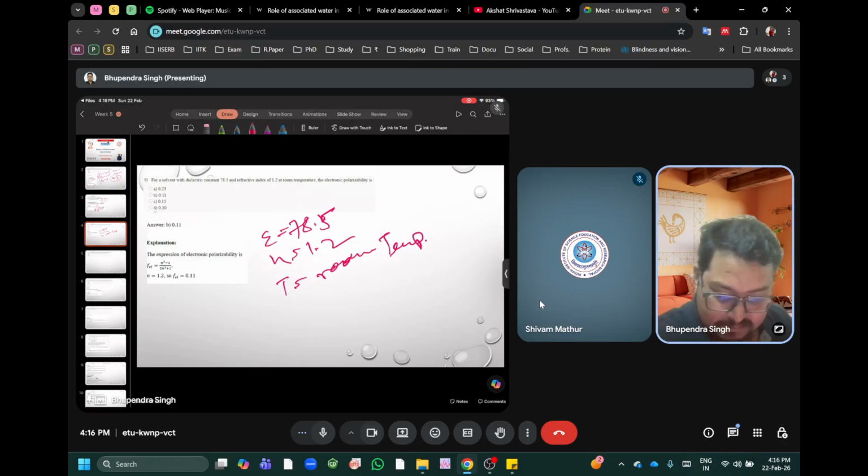But this expression was also discussed by sir, directly taken from somewhere. How it comes, he has not told, but this is the formula. The refractive index is provided, and this time they are not asking about the orientational polarizability, the question is asking about the electronic polarizability. For the electronic polarizability, this is the expression.